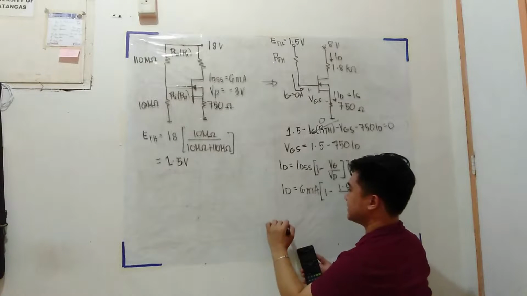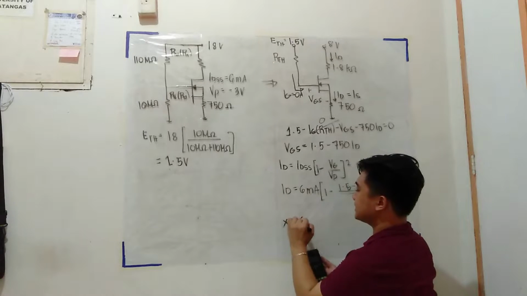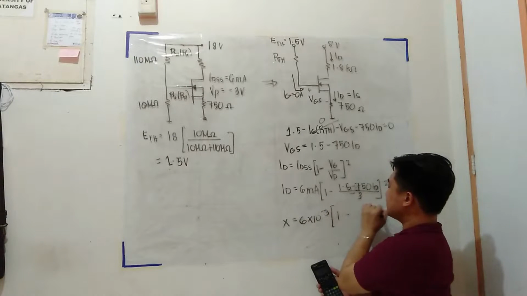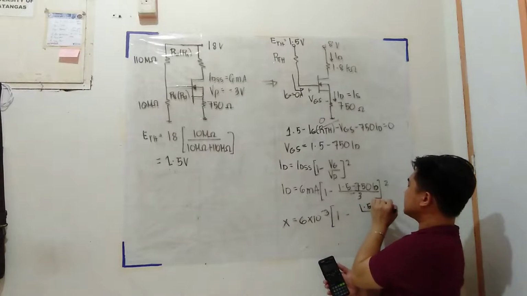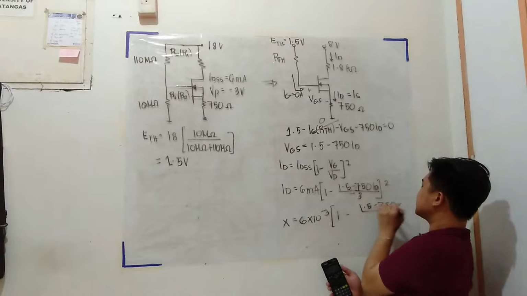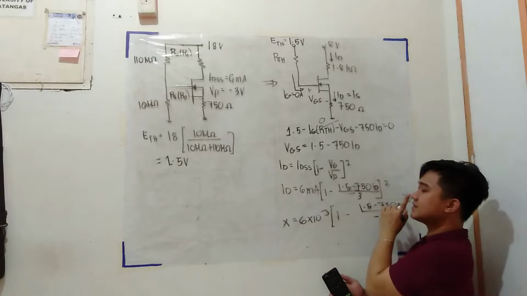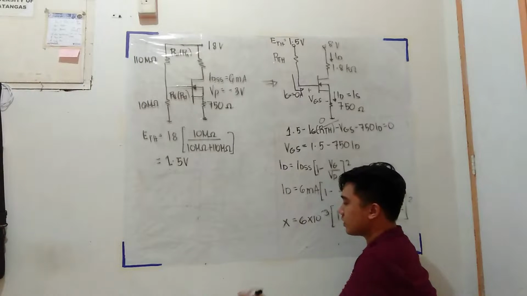Okay? So, let X equal ID, X equals 6 times 10 raised to negative 3 times (1 minus (1.5 minus 750 X) all over negative 3). Huwag kalimutan, naka-square.